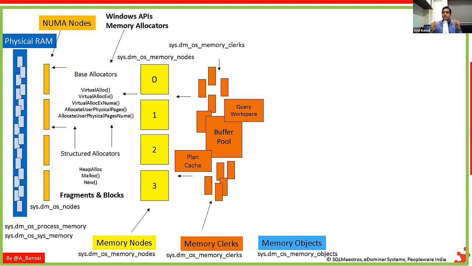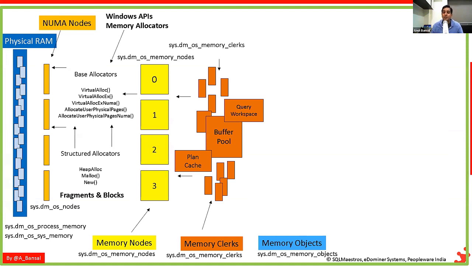So when these consumers need memory, they talk to their clerks, and clerks in turn request memory via the nodes. If you have a question in your mind, can I track SQL Server memory consumption component-wise or consumer-wise? The answer is clerks.